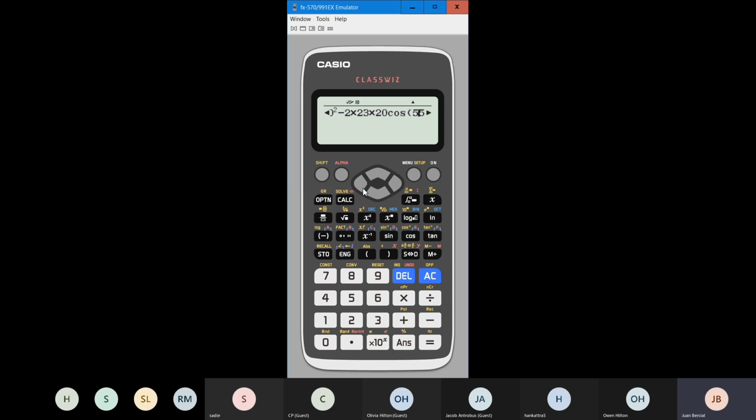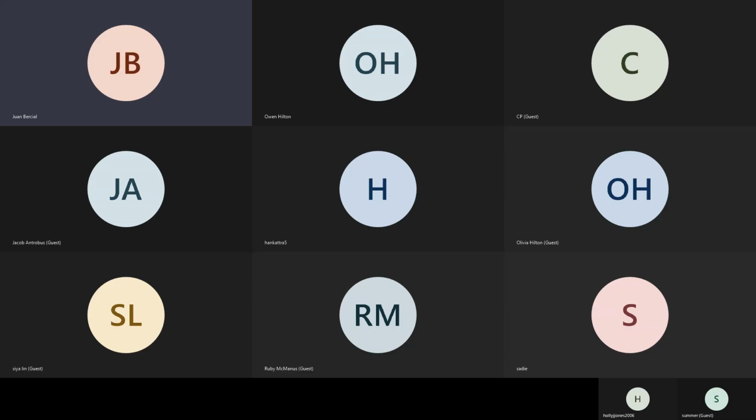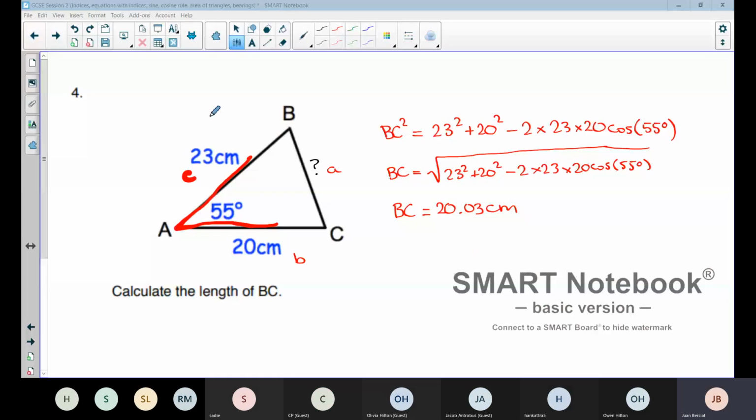Just be careful that it is exactly the same as I've written down, then press equal, and I get 20.03. So BC is 20.03 centimeters. These are just some tricks to be able to do these calculations without many mistakes.